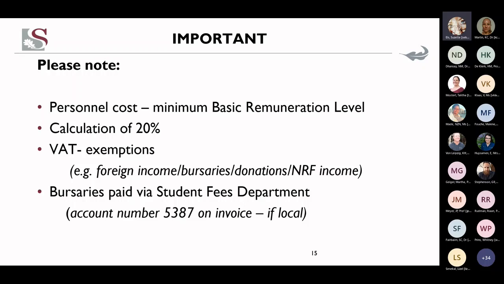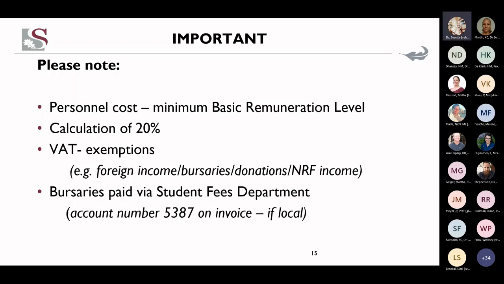When we apply for foreign funding, and also in your budget, you will see that foreign funding won't attract any VAT. There's also no VAT on bursaries or donations or NRF income, but any local funding will be subject to VAT.